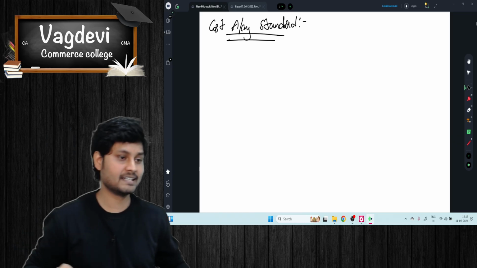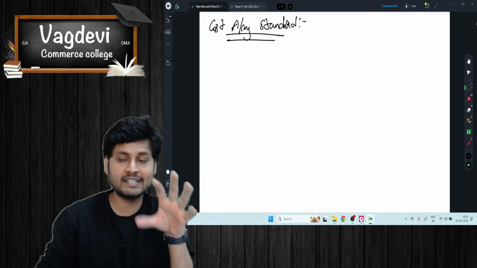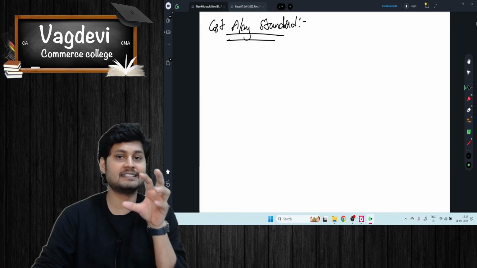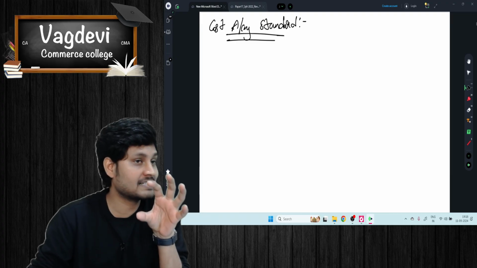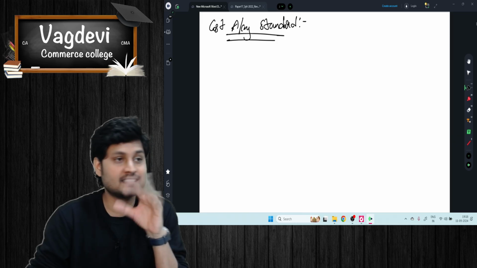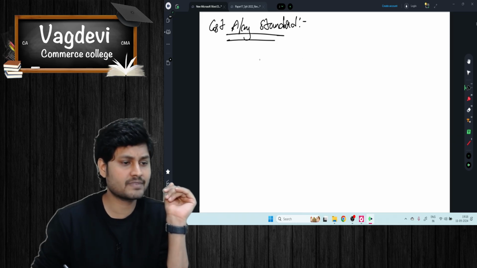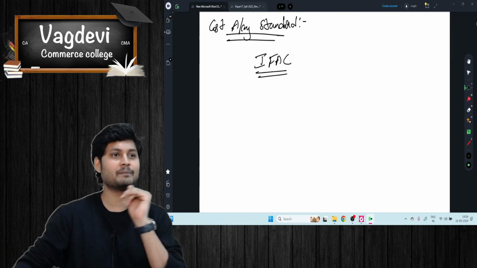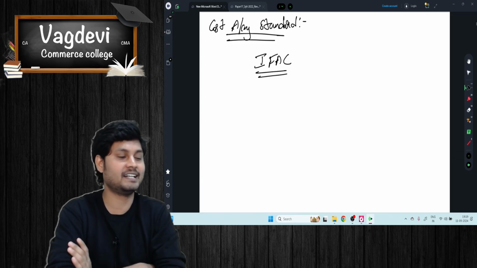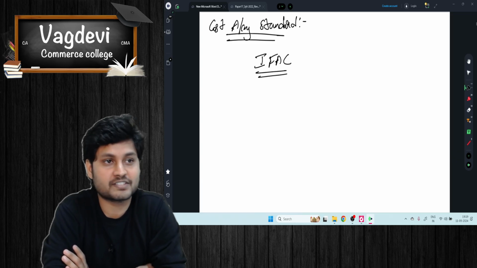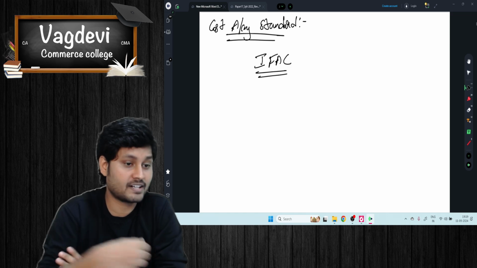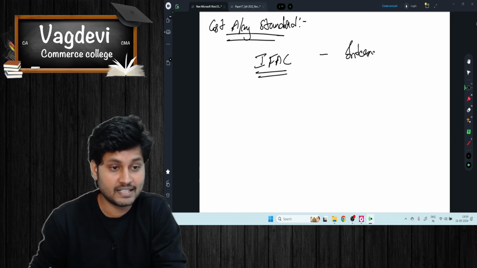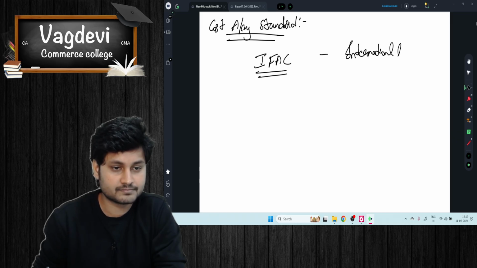Next area is cost accounting standards. Listen to me very carefully. Who forms cost accounting standards in India? How did the cost accounting standards get formulated in India? This is the question. Internationally there is one organization called IFAC, the International Federation of Accountants, and this is at the international level.